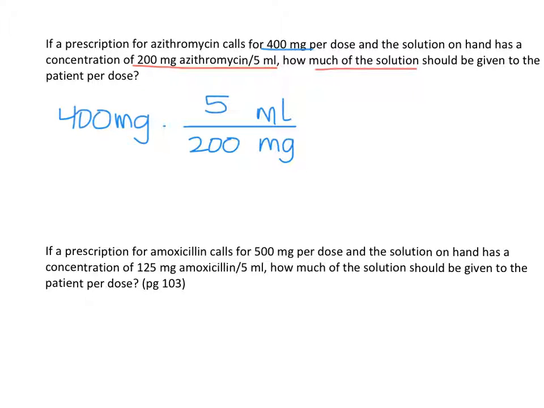Okay, so now we can cancel the units, which we just have milligrams to cancel. So that's going to give us milliliters because that's all we have left. And doing that multiplication and division, 400 times 5 divided by 200, that gives us 10 milliliters.